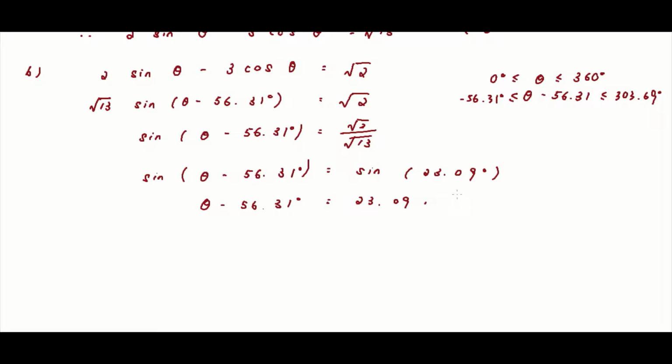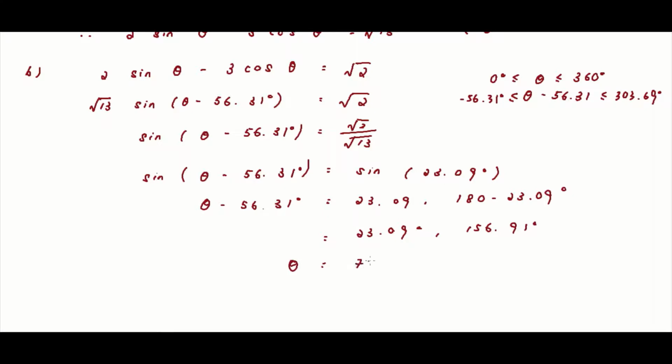Okay, so 23.09 and the other one is 180 minus 23.09, so you get 156.91. Let me just write down everything.